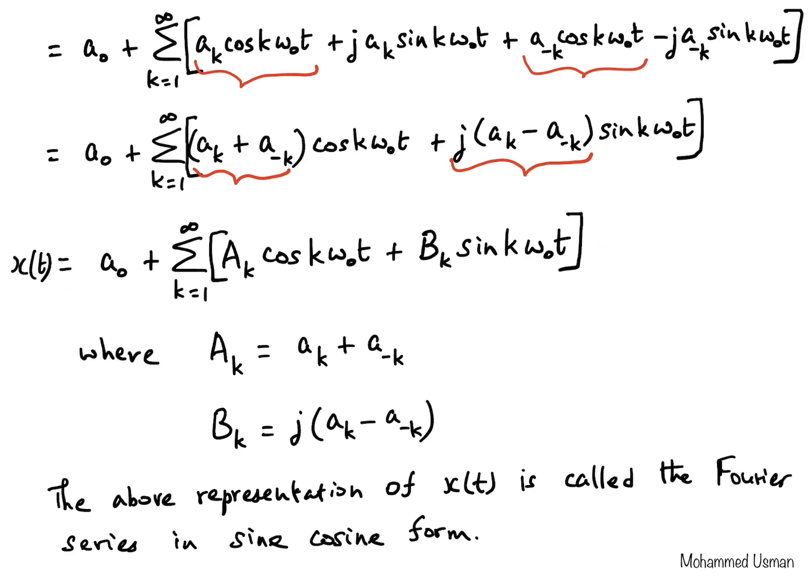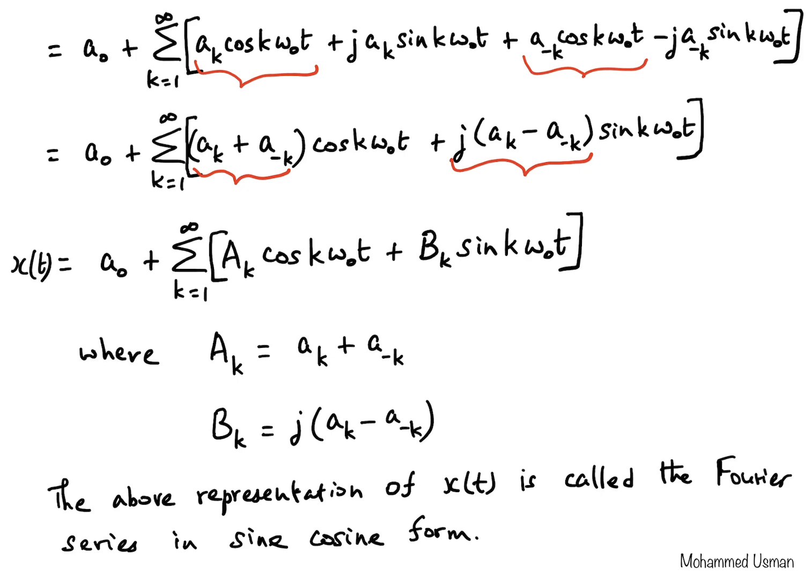Normally, at least in this course, you won't need to compute the a minus k case. Once you compute a_k, by knowing the property of the signal, you can calculate a minus k. For example, if you know that the signal x of t is a real signal, then a minus k is going to be the complex conjugate of a_k.